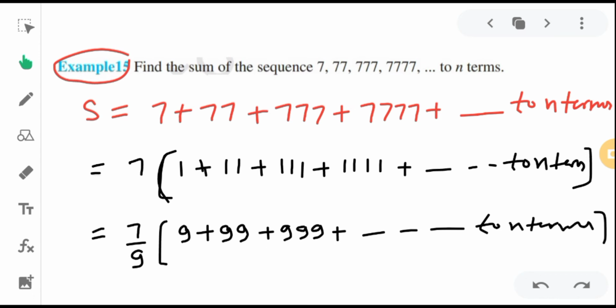So I am doing one more step. The 7 upon 9 stays outside, no need to worry about that. Now 9 I can write as 10 minus 1, 99 I can write as 100 minus 1, and 999 I can write as 1000 minus 1. So 7 upon 9 is common.